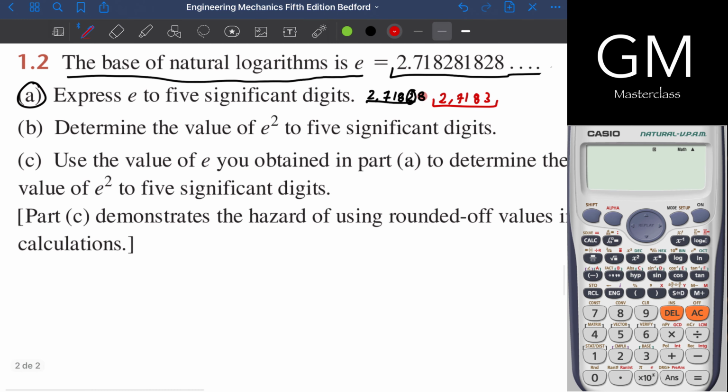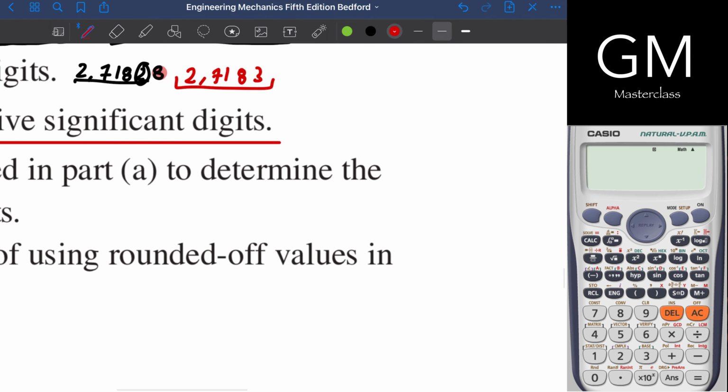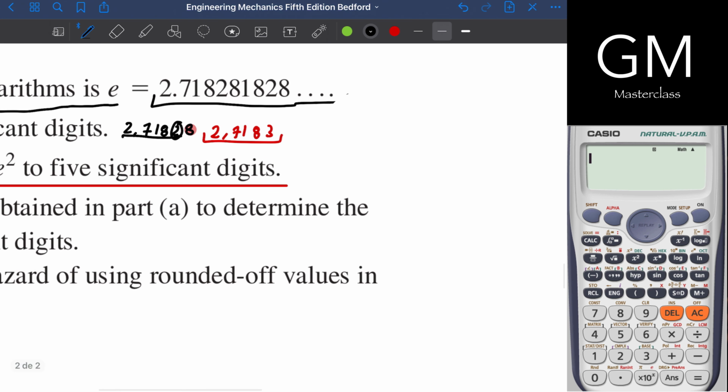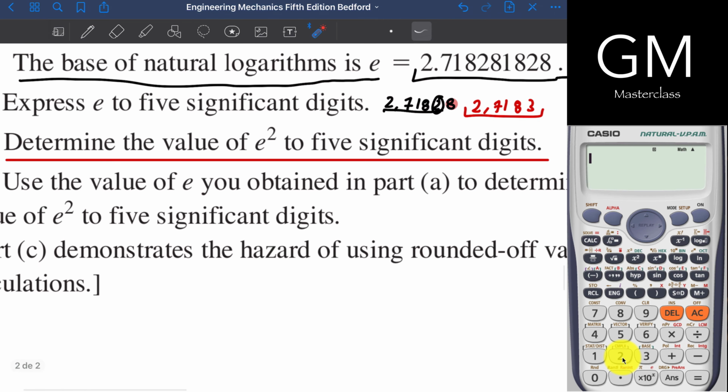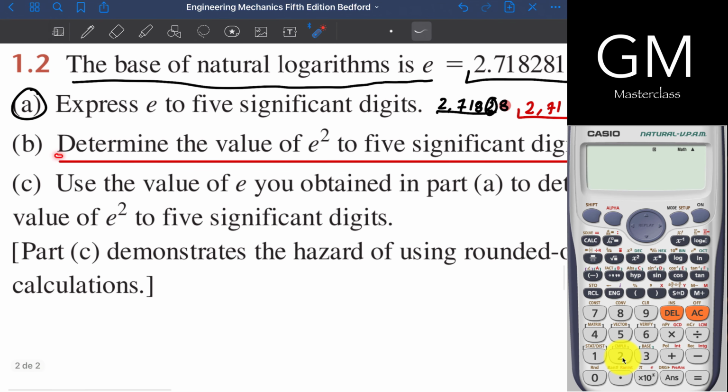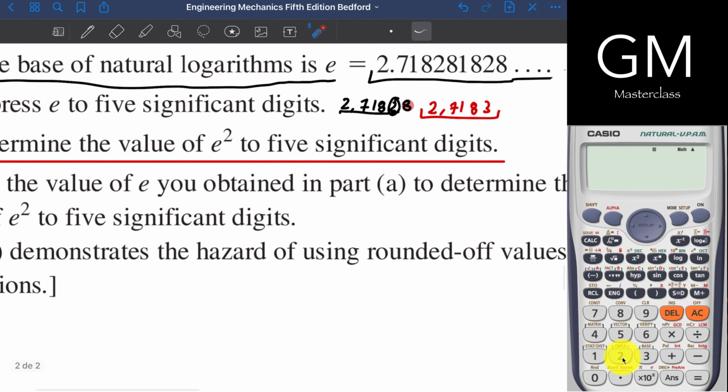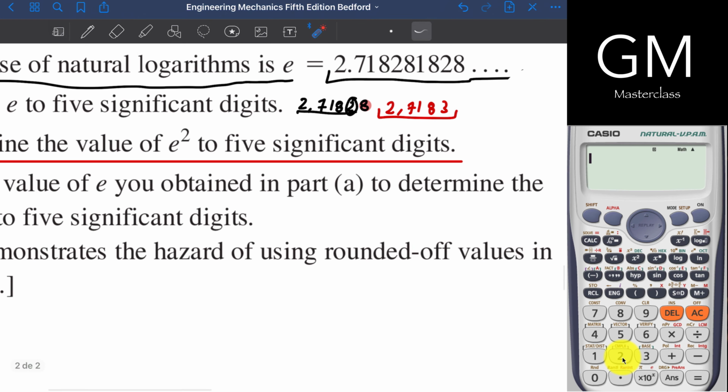So, determine the value of e to the second power to 5 significant digits. In this case we're going to use a calculator because it is easier for us, and we're going to write down all the numbers because the exercise doesn't tell me that I have to use a limited amount of digits. I have to do it after I get the result.